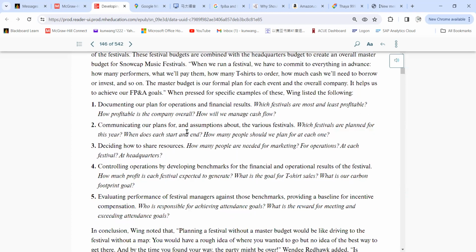This is really linked to the 5 purposes or benefits we talked about in the intro parts. So what can a master budget do for any organization? You can do lots of planning, so the CVP analysis can be part of the planning purpose, right?